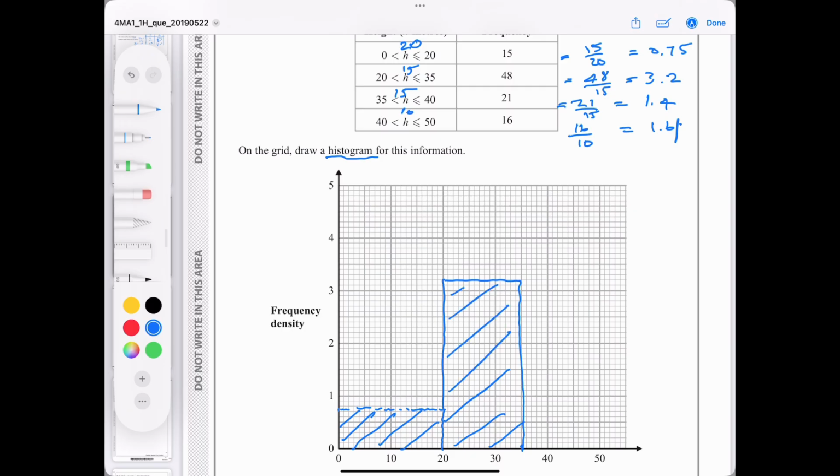Then 35 to 40 is tiny, so that's 1.4. And the last bit is 10, so that's to there, and that's 1.6. And that is how you do a histogram.